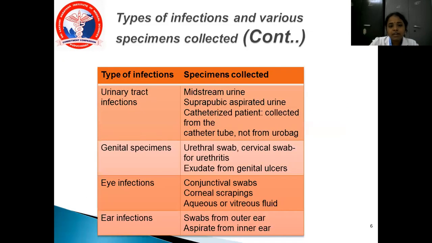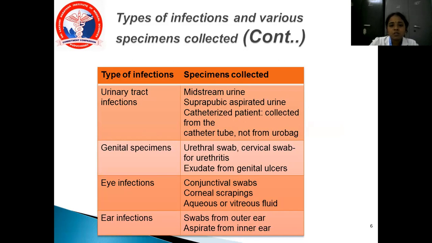For urinary tract infection, midstream urine is preferable. Before collecting urine, we should instruct the patient to clean the genital parts. The first portion of the urine should be voided out and the mid part of the urine is preferable.